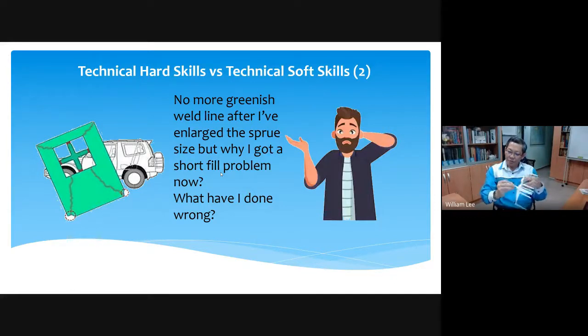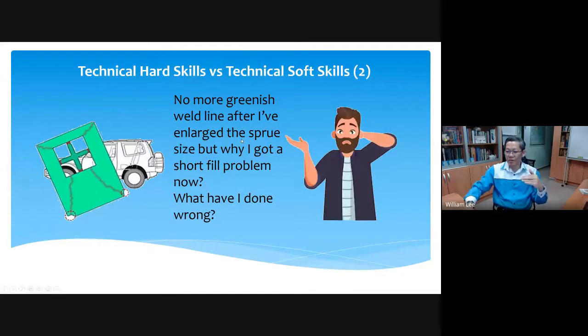All right. So if you enlarge the sprue, it means you allow more volume flow. With more material filling up, of course you can heat up, and then you can lower the appearance of this weld line. But at the same time, after he enlarged the sprue, combined with the high melt heat, he experienced nozzle leaking. Then he experienced a short shot problem when he lowered the melt heat.